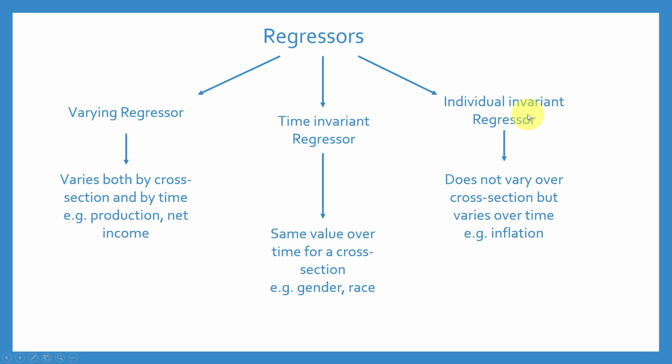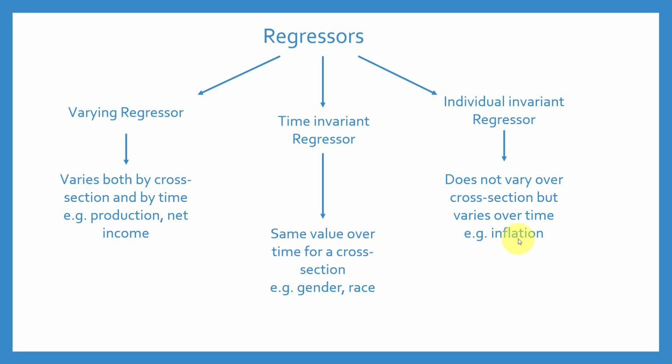Then we have an individual invariant variable, which means that for different individuals it would remain the same, but over time it would change. For example, if we have firm level data with different firms from the USA, then all those firms would have the same inflation for a specific year.